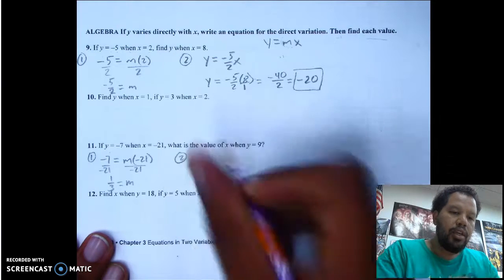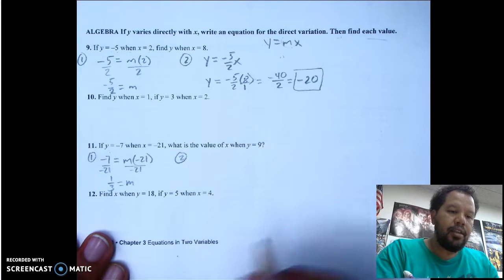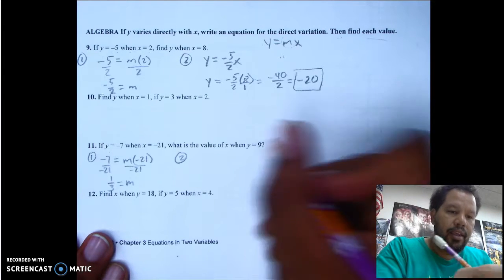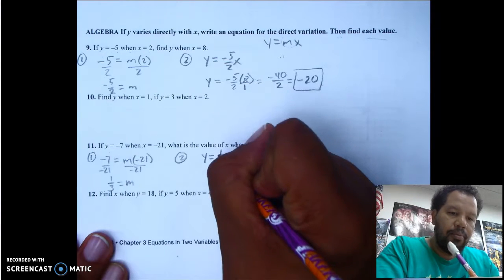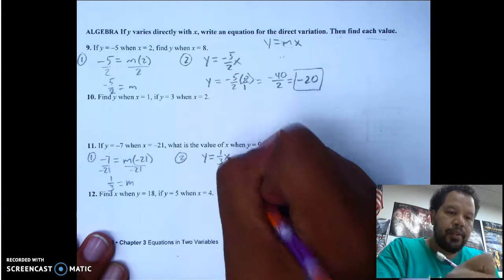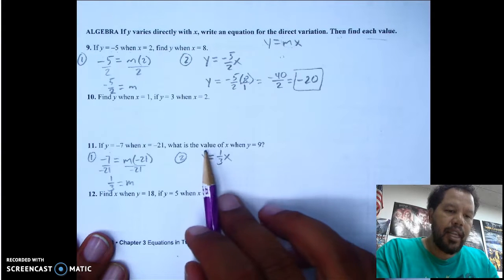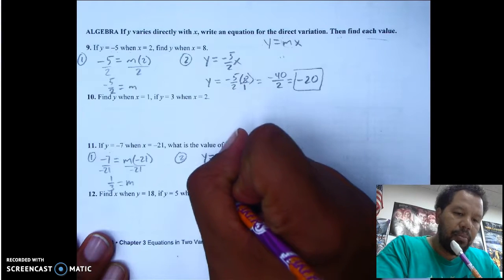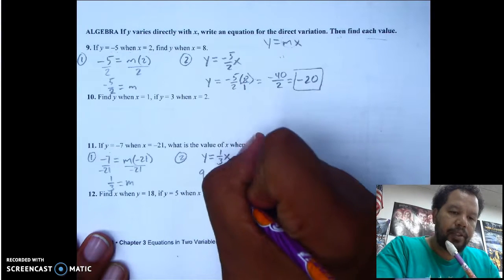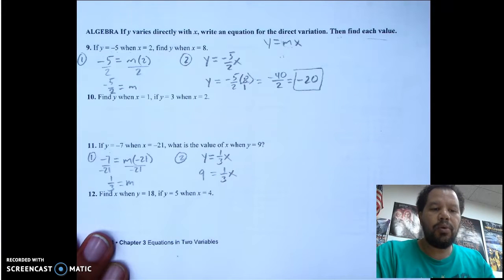Step 2 is now I want to know what the value of x is when y is 9. So I'm going to go ahead and use my new equation that I have with the m. y equals 1/3 x. And now to find what x is going to be when y is 9, I'm going to plug in 9 for y, so 9 equals 1/3 times x, and solve this equation.